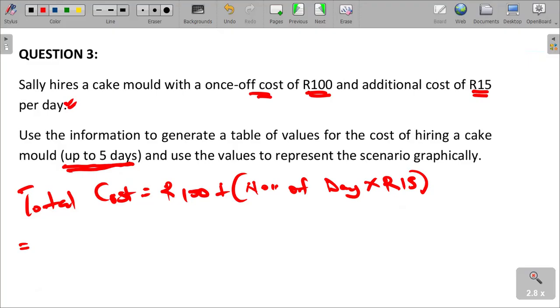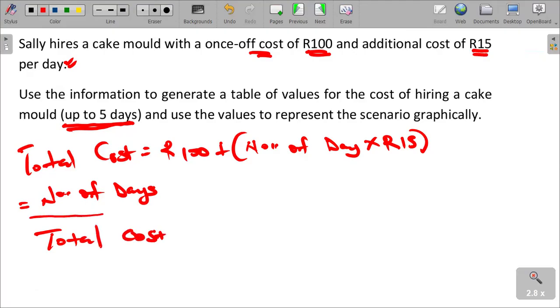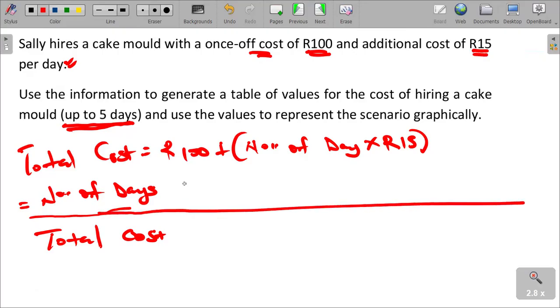So our table is just a simple one. Number of days, and then we have the total cost.